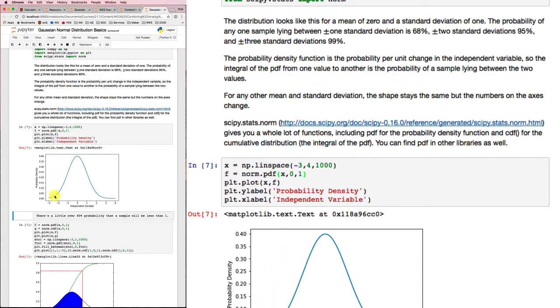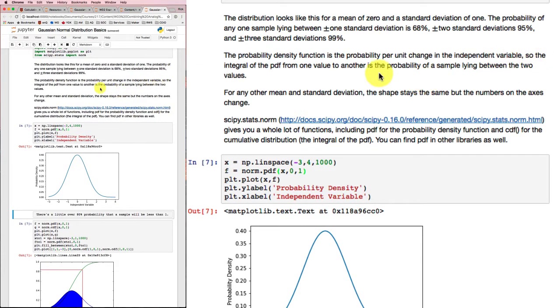Now, the PDF function, this thing that we've plotted, gives us probability density. Probability density is defined as the probability per unit change in the independent variable. So the integral of that probability density function from one value to another is the probability of a sample lying between those two values.